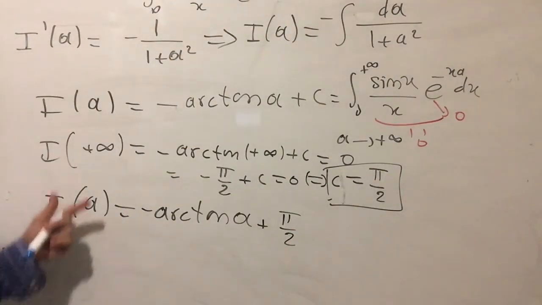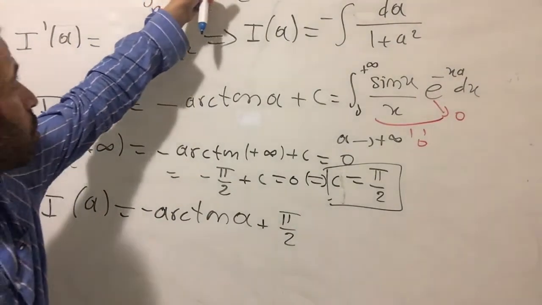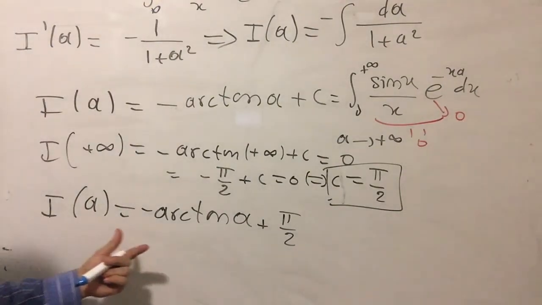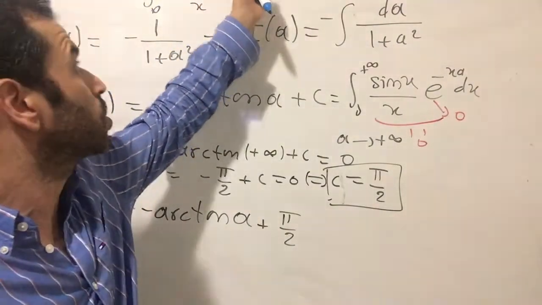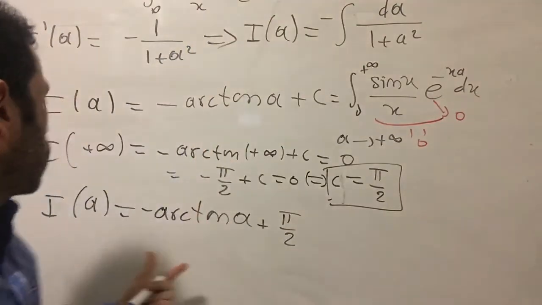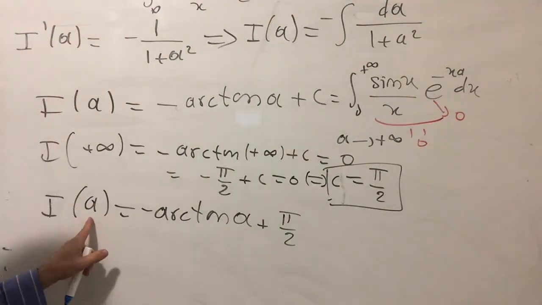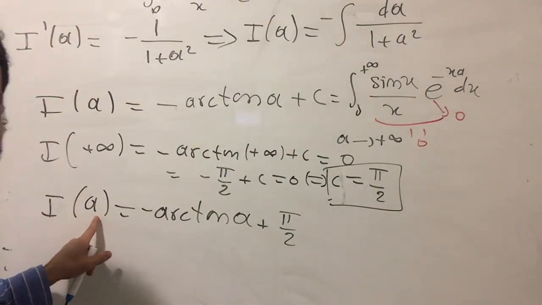But I need the original integral, which is I of 0. In order to find the original integral, which is sine x over x, we must replace a with 0.